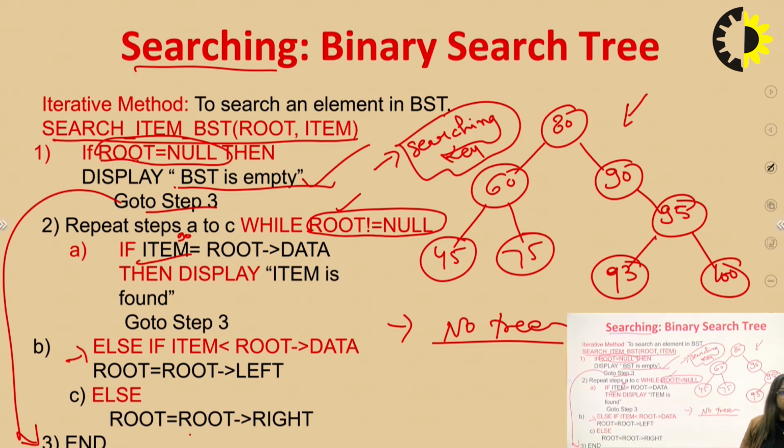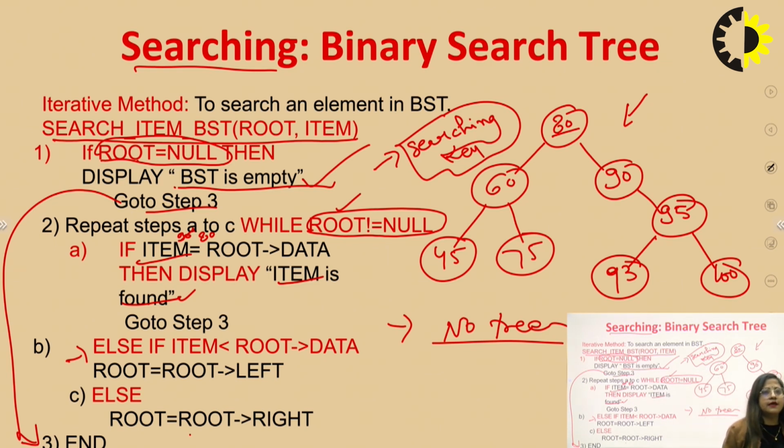Let's take another example. Your searching item is 80. Now root data is 80 and the item is 80. Both are equal, so 80 equals root data. Yes. Then display item is found.